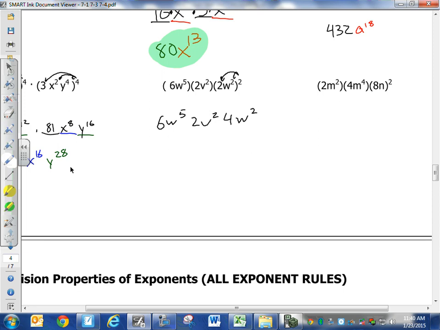Sorry, that's 4w to the 4th. So, that's 24 times 2, that's 48. We only have 5 w's multiplied by 4 w's, that's w to the 9th, v squared. 2 times 6 times 4.